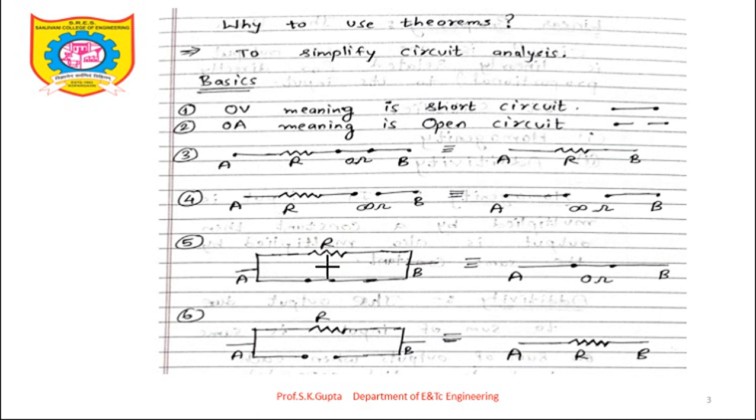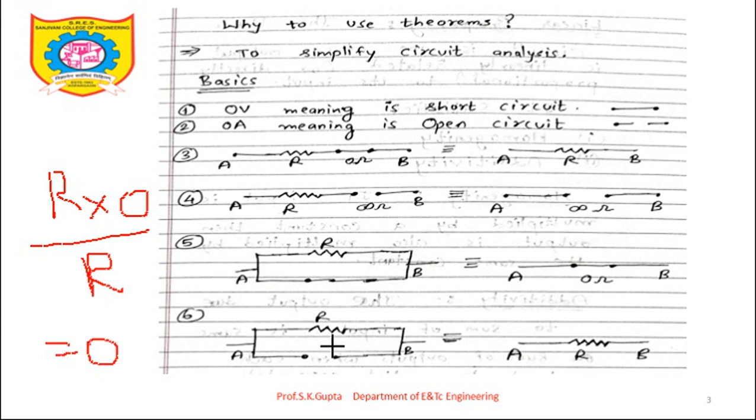The reason is we know the parallel combination of two resistances is R1 R2 divided by R1 plus R2. So R into 0 divided by R plus 0, that means 0 upon R, the answer is 0. That's why whenever a resistance is in parallel with a short circuit, I get a short circuit branch.